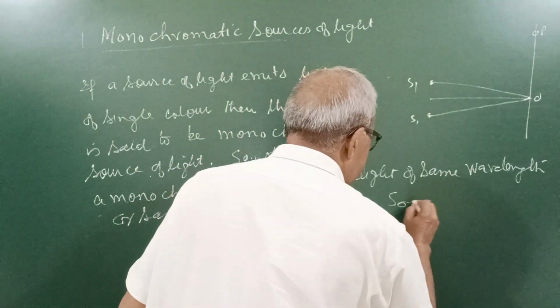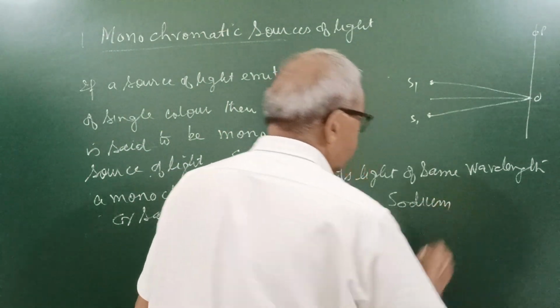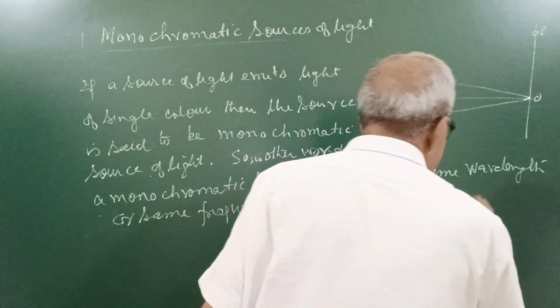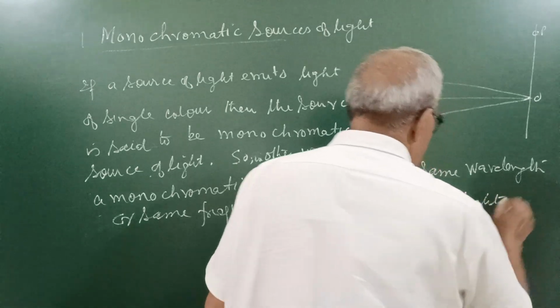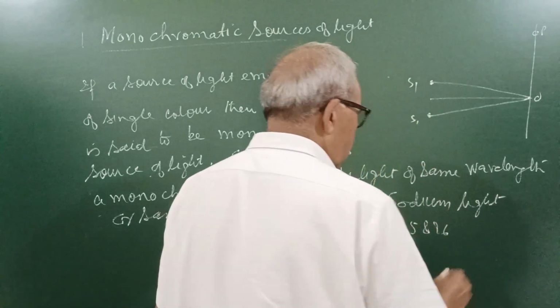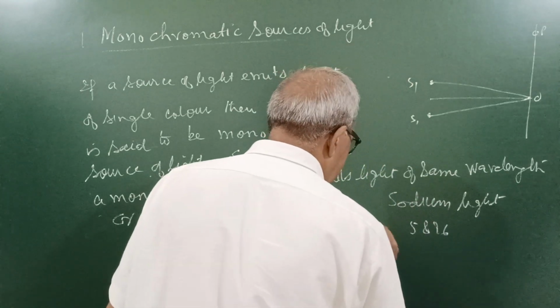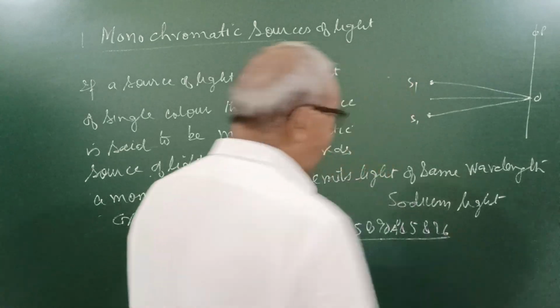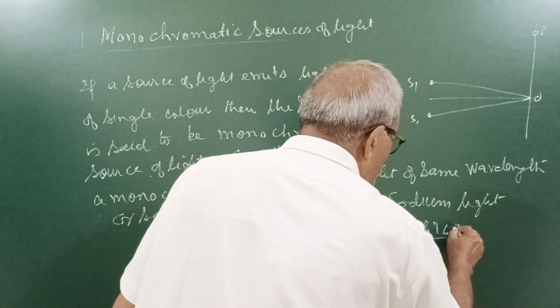Sodium light is taken as yellow light. It has wavelengths 5890 angstrom and 5896 angstrom. So they are close to each other.